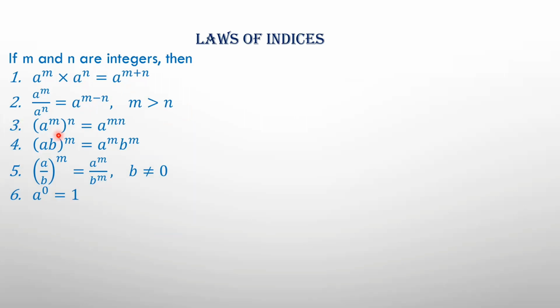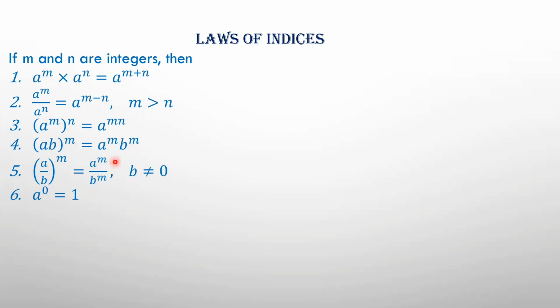A raised to m raised to n means index of the index. A raised to m raised to n is equal to a raised to m into n. Multiply the indices. AB raised to m: if a and b are any two natural numbers or real numbers, and a into b raised to m, then we can distribute it. A raised to m into b raised to m.